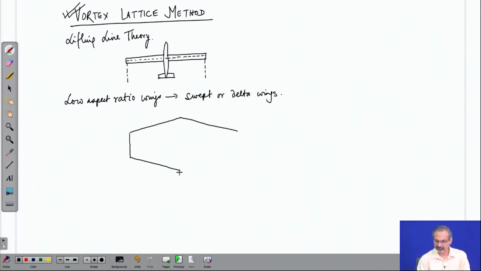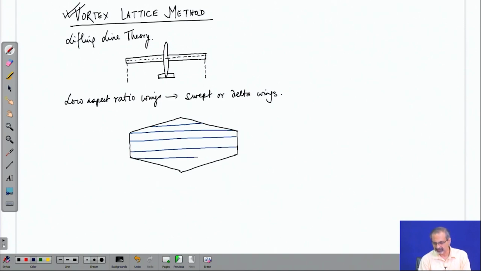Let us take a wing platform like this, and then let us draw a couple of lifting lines followed by trailing vortices.